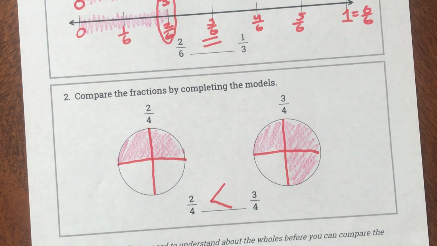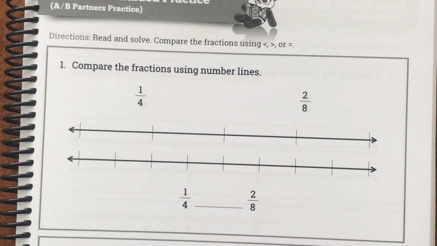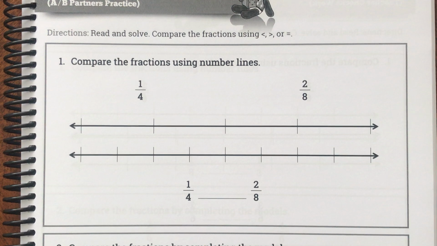Okay, let's try some together. So we're on page 158. And here is our first one. It says, compare the fractions using the number line. So we are comparing 1/4 to 2/8. All right, so let's look at our first number line.